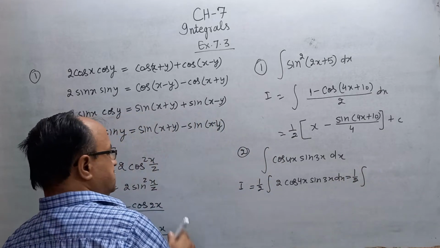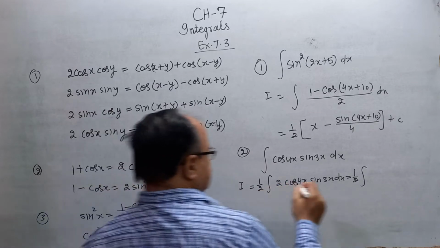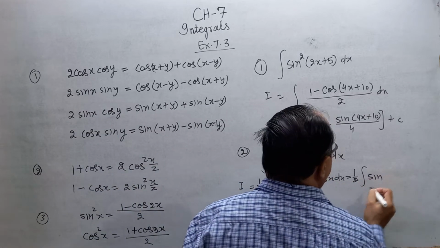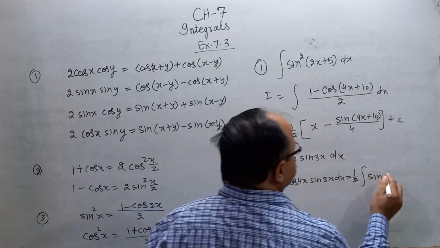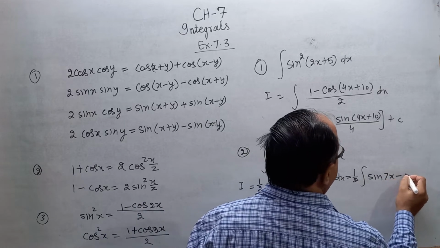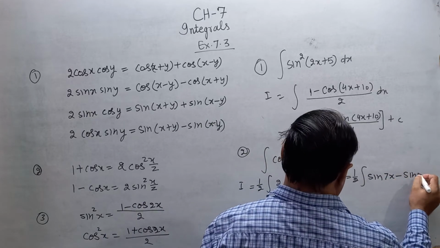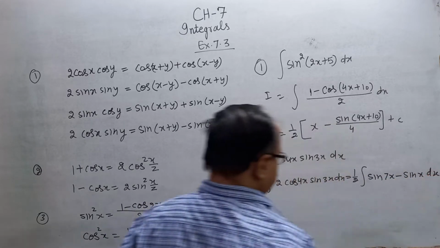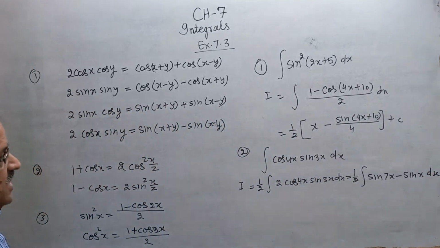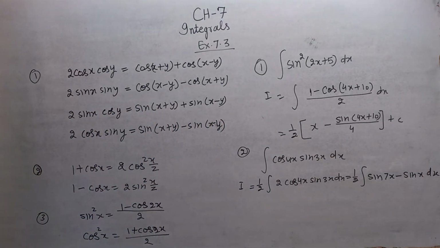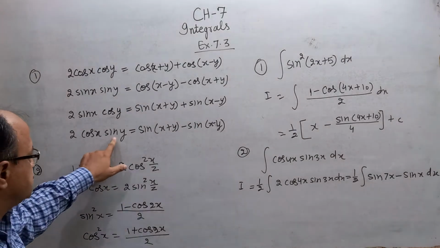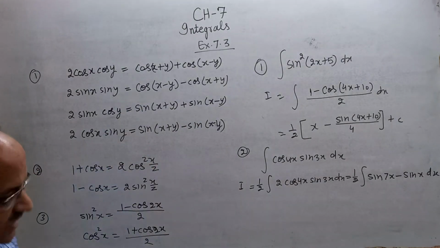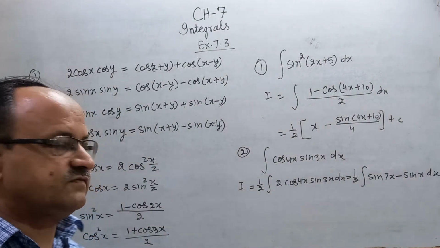Apply this formula, sin x plus y, which means 4x plus 3x, 7x, minus sin x. Check. Apply this formula here: 2 cos x sin y is sin x plus y minus sin x minus y.